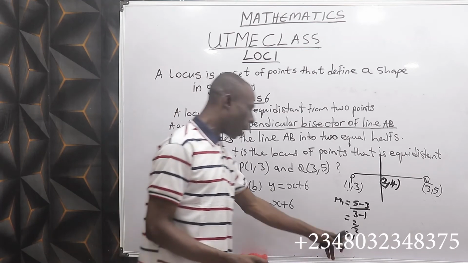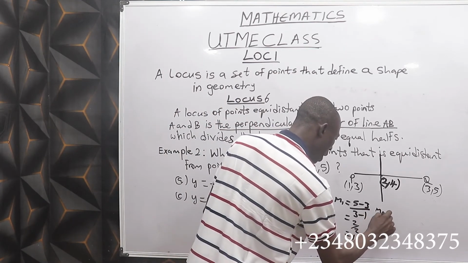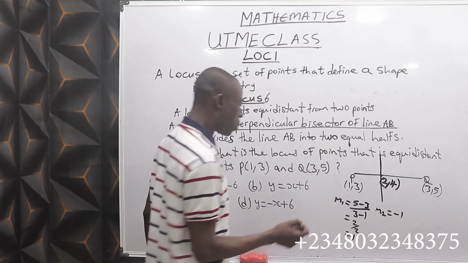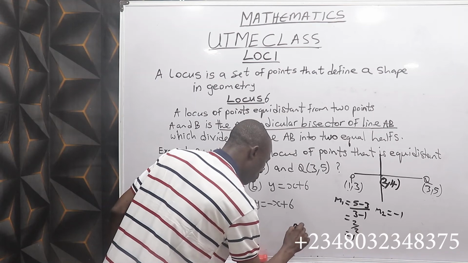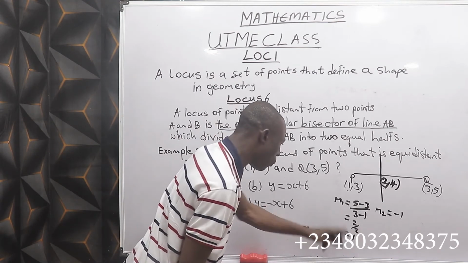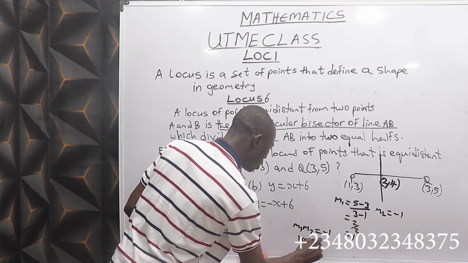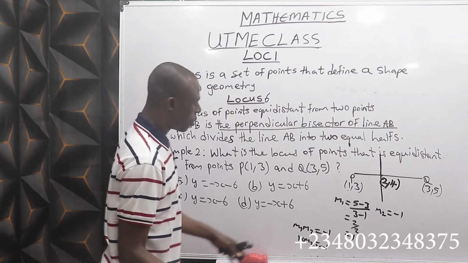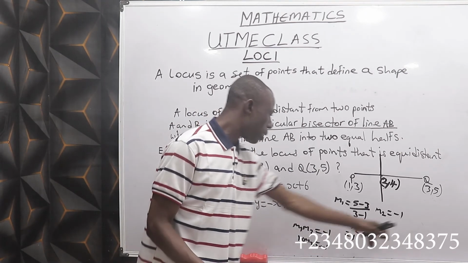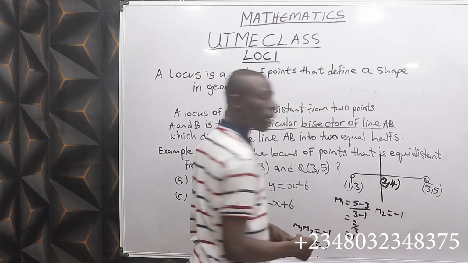The gradient is 1. So the gradient of the perpendicular, which is M2, will be minus 1. If you don't know, remember that I taught you that M1 times M2 equals minus 1. And if you put the M1, which is 1, it is 1 times M2 equals minus 1. So that's the gradient of the perpendicular line.